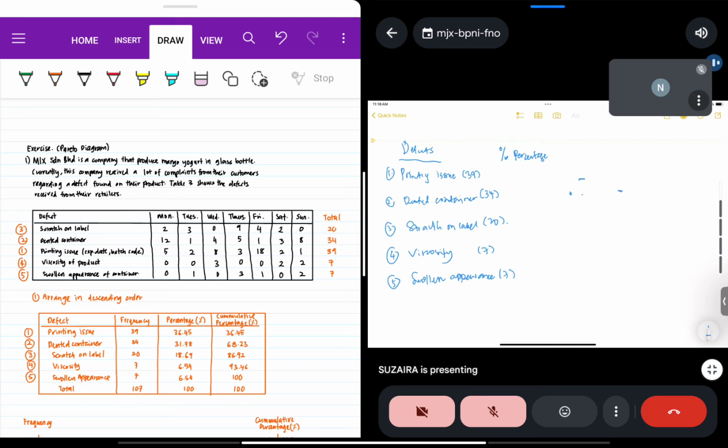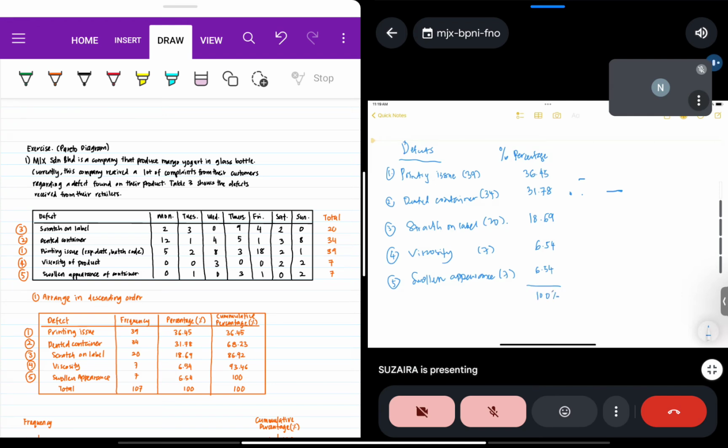So here we have just now 36 point, how much was it? 36.45, is it? Yes. 45, okay. And then 34, 31.78, right? Yes. And then 20, 18.69. The last one, 6.54. Okay. So here the total would be 100%.